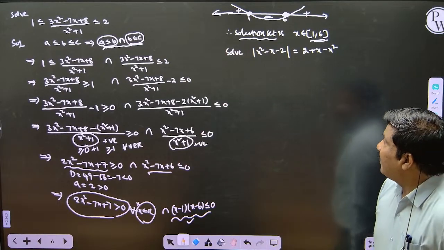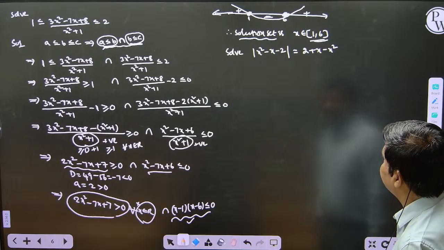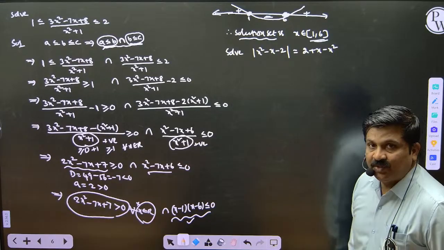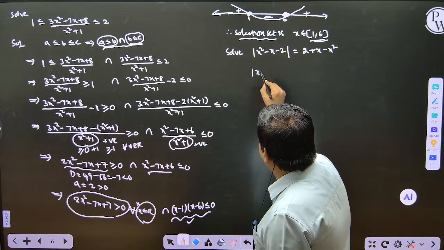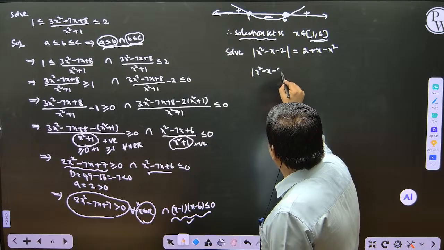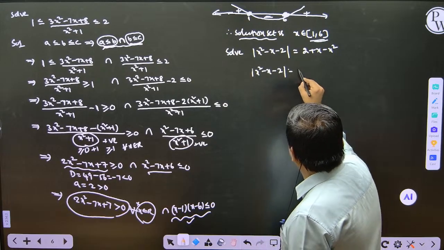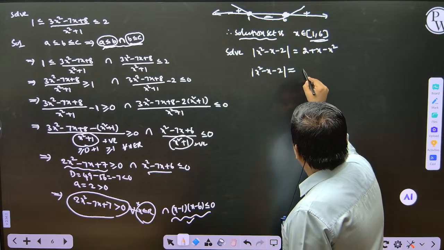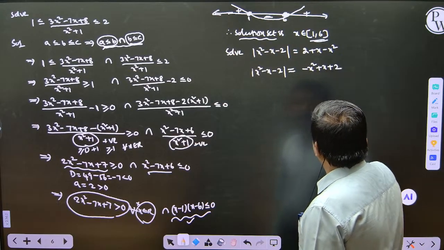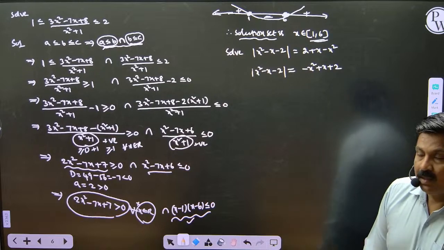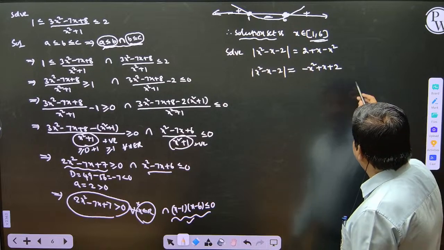So modulus of x² − x − 2 is equal to what? Minus x² plus x plus 2 on it. But can I write this as what?